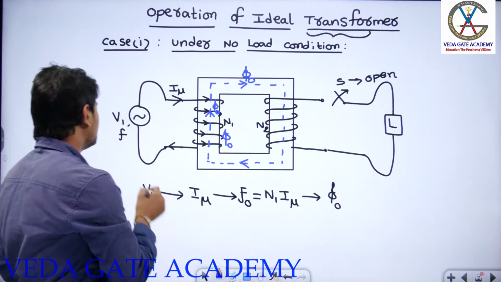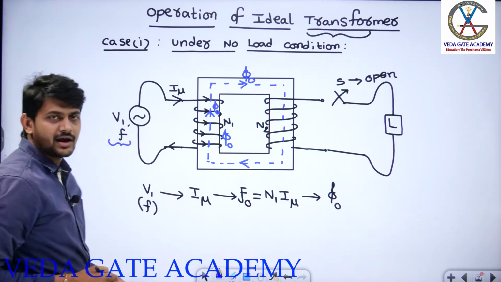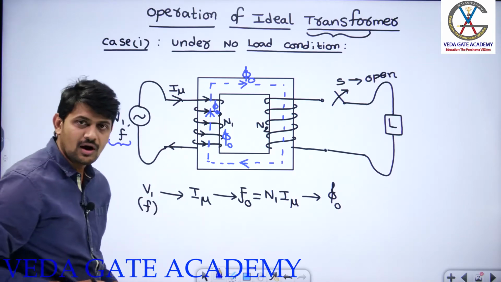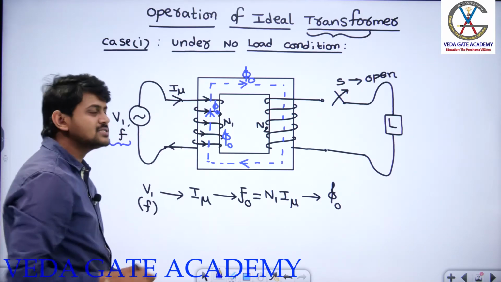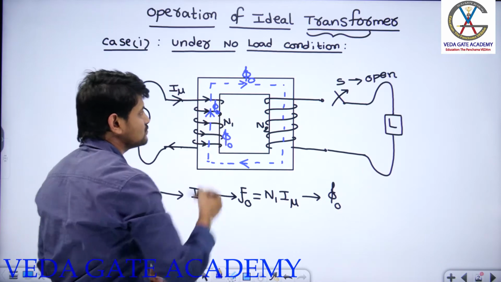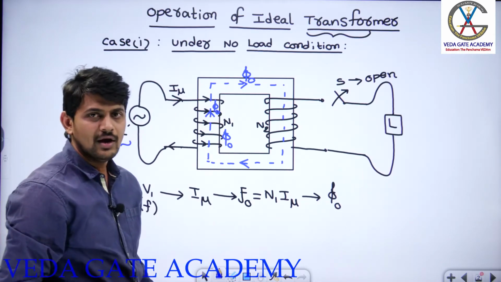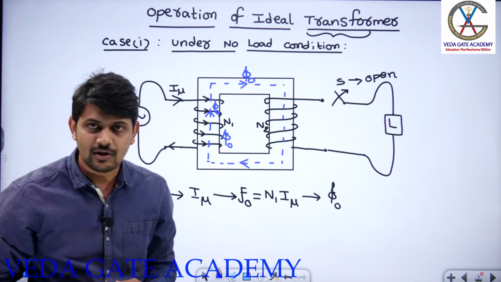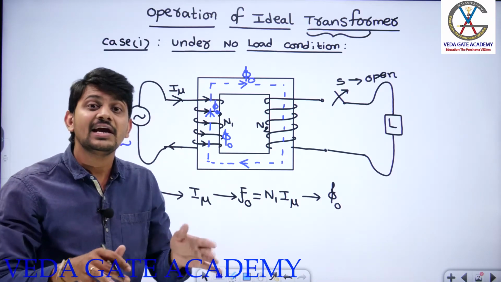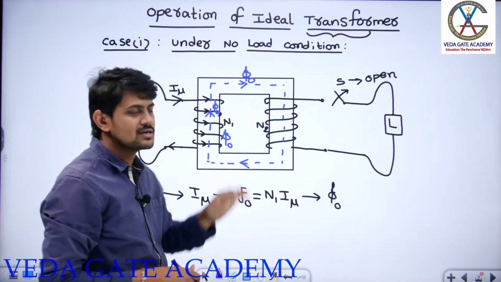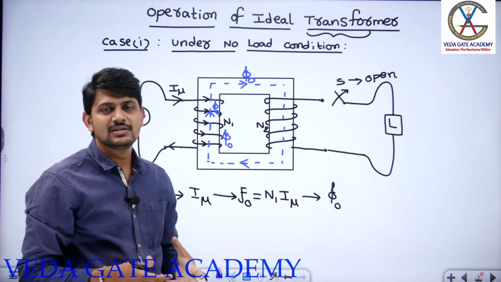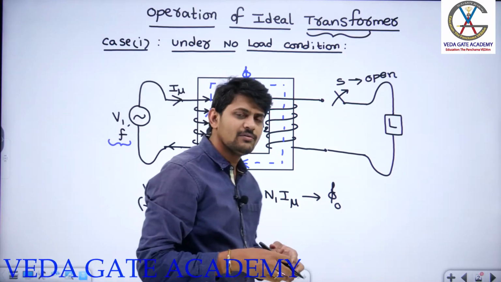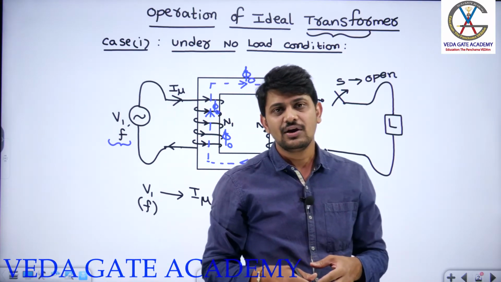Why is it time varying? Because we are applying an alternating voltage. Because of this alternating voltage, the current is also alternating, or time varying in nature. As this current I mu is time varying, the flux linking with the winding is also time varying. So here the conductors are stationary, but the flux is time varying. So obviously we are creating a relative time variation between the set of conductors and the magnetic flux lines, so EMF gets induced across the set of conductors, and this kind of EMF we call statically induced EMF.